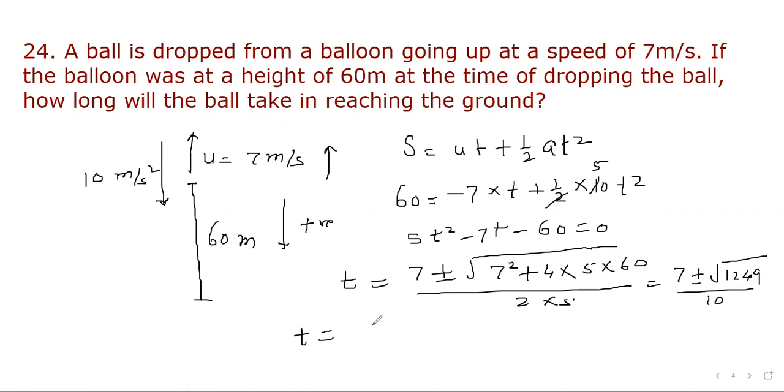So t equal to 7 plus minus, this will become 35.36 divided by 10. So if we take positive value, because t can't be negative, it will be equal to 4.3 seconds.